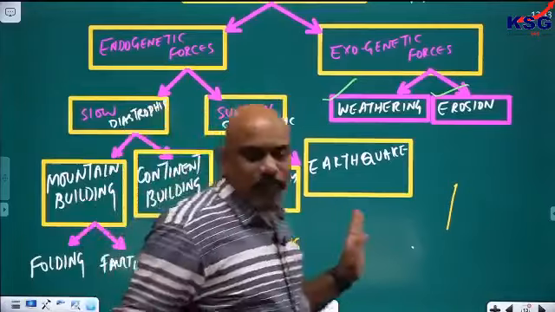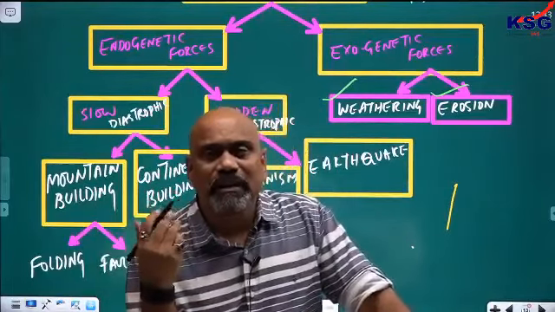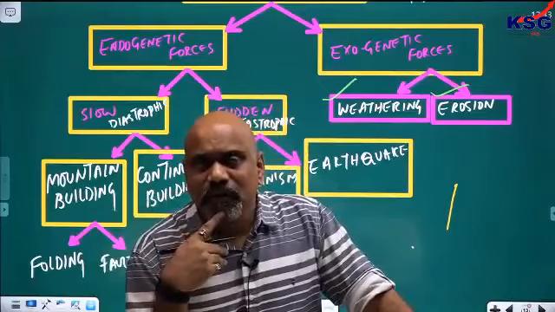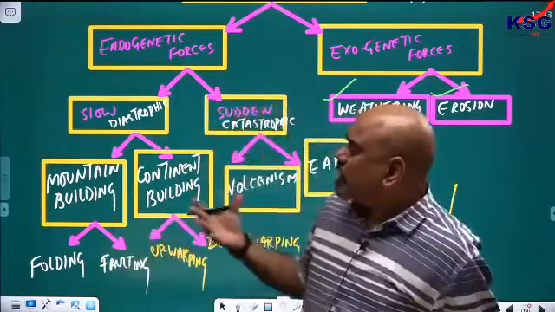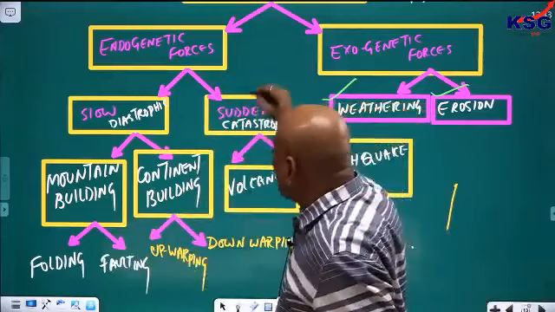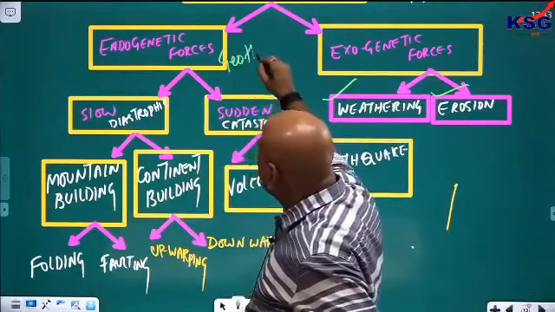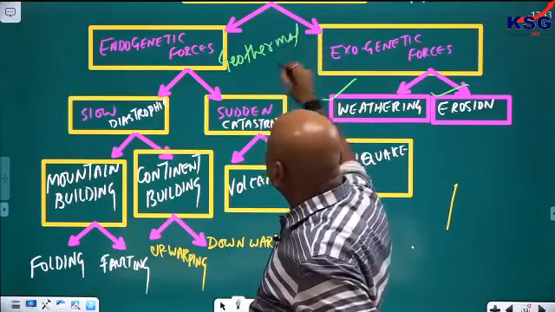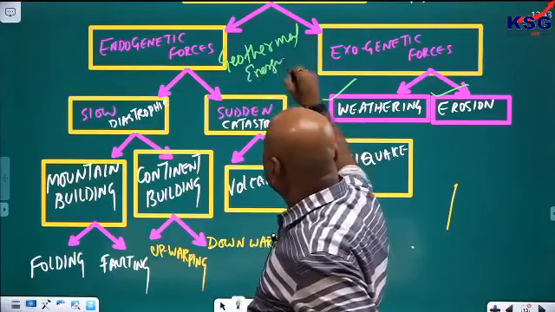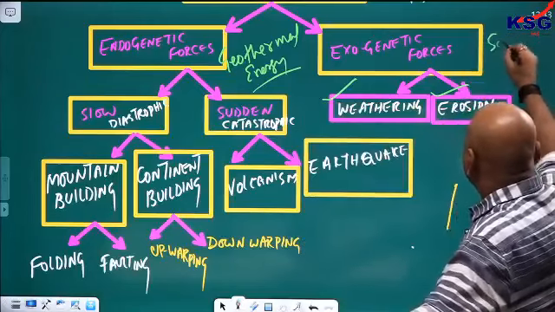All these endogenetic forces are powered by what? They are powered by the energy from the earth's interior. Geothermal energy is the source of energy for the endogenetic forces. But for exogenetic forces you have solar energy.